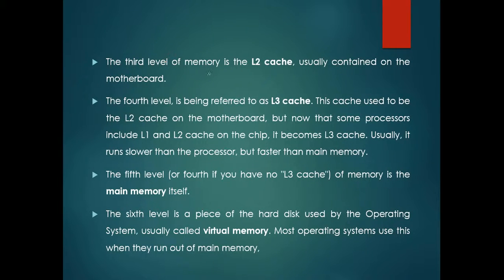The third level of memory is the L2 cache. This L2 cache is usually contained on the motherboard. Then the fourth level is referred to as L3 cache. This cache used to be the L2 cache on the motherboard, but now the processor puts L1 and L2 cache on the chip, so it becomes the L3 cache.